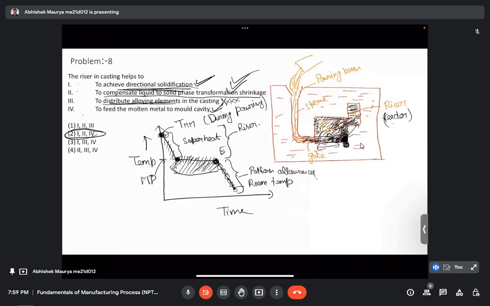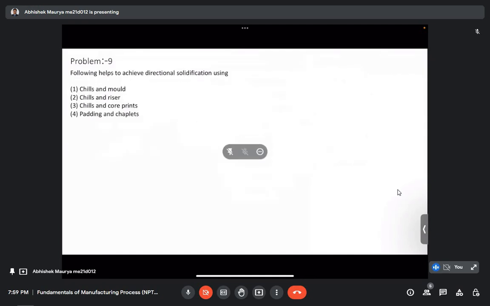This question is all about directional solidification. Please read it and try to get the answer. You can give your answer in the polling section. Meanwhile, I will create the polls for all of you.